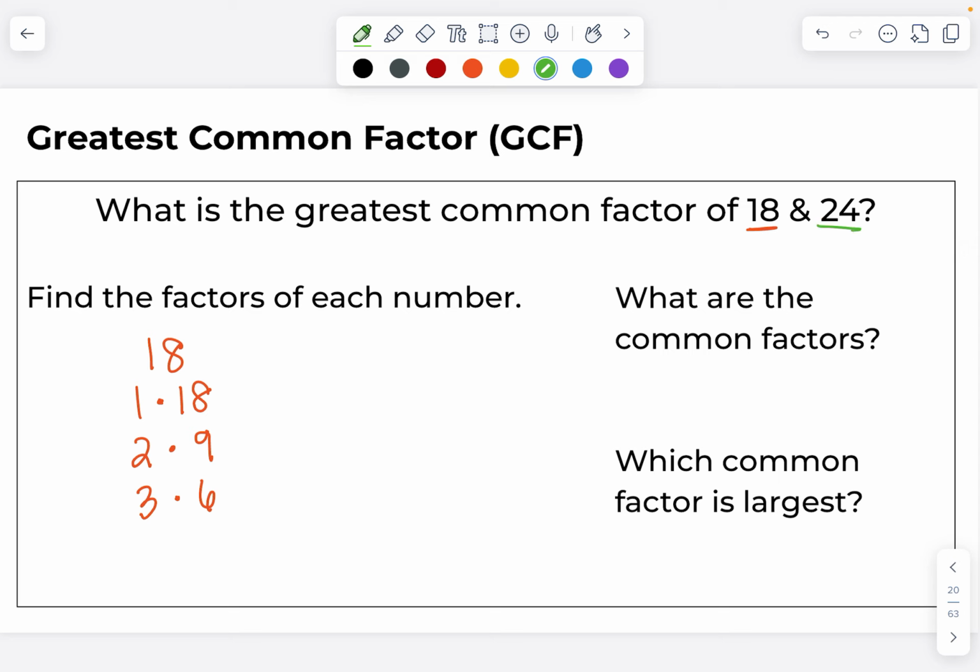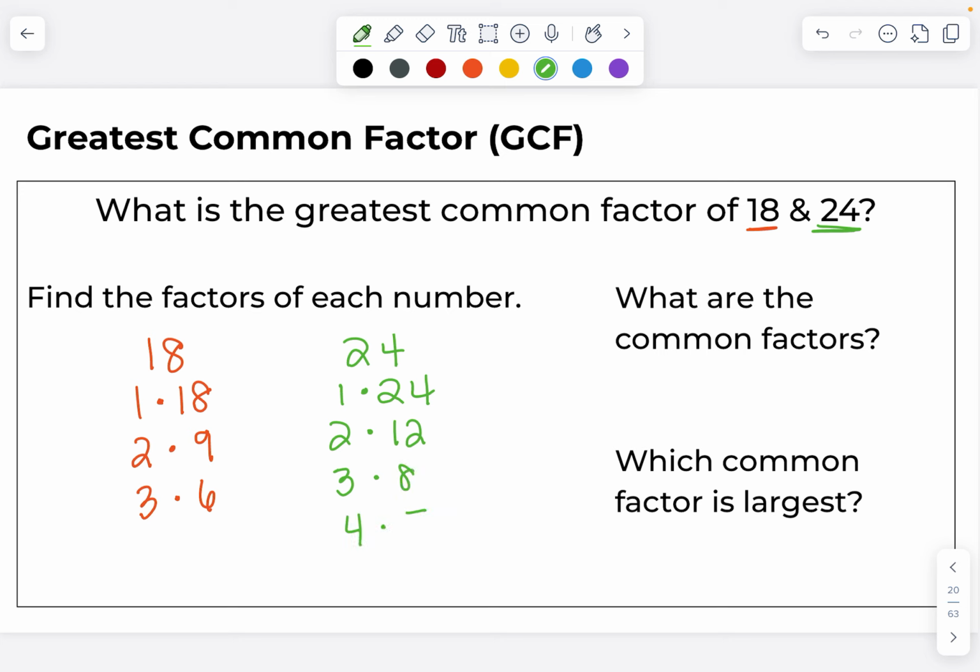So then if I look at 24, again, you can always start with 1 times the number as your first set of factors. This is an even number. Even numbers are always divisible by 2, and 2 times 12 would give us 24. 3 times 8 gives us 24.